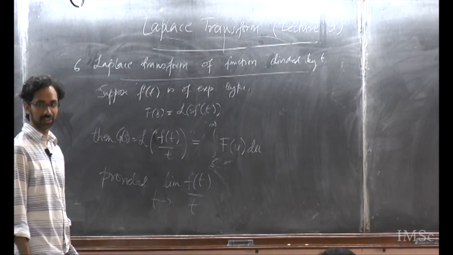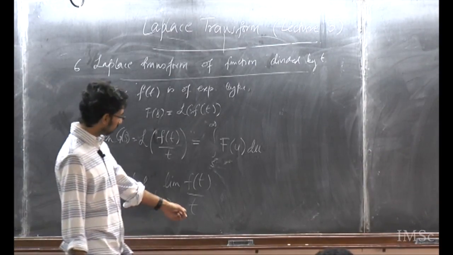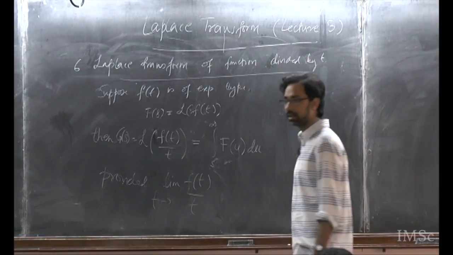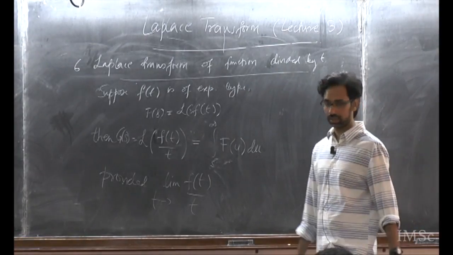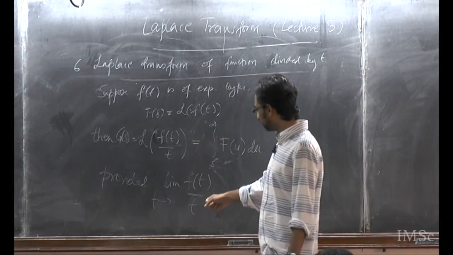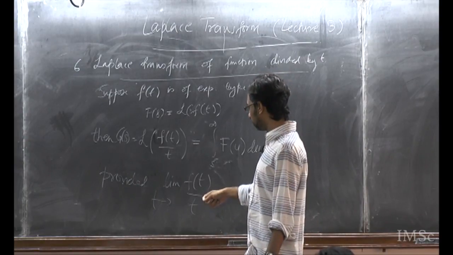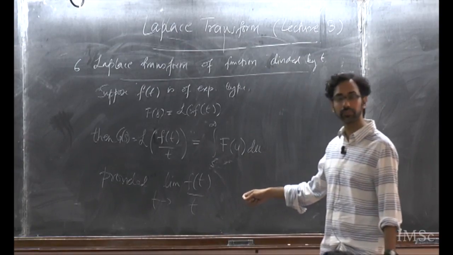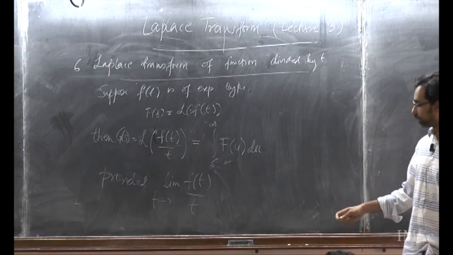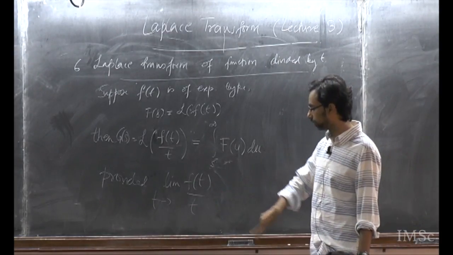If t goes to infinity, let's think about it: it should be 0. What will this limit be?